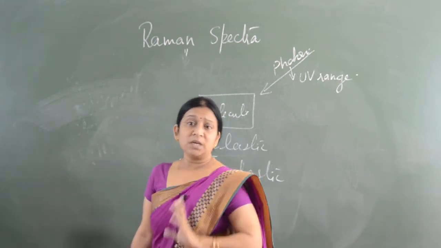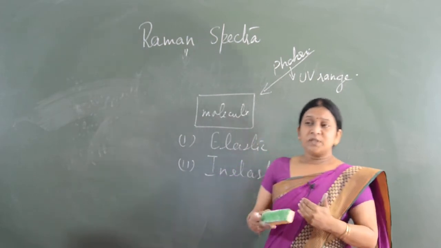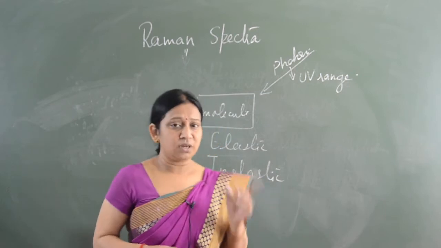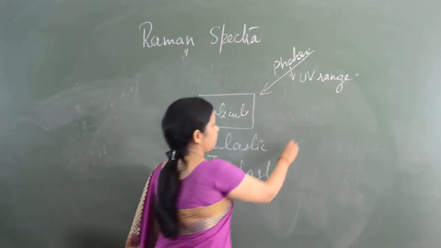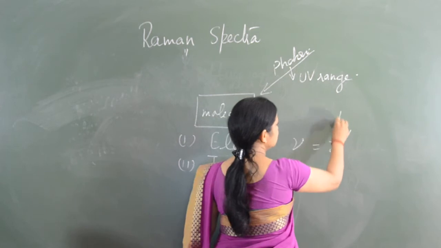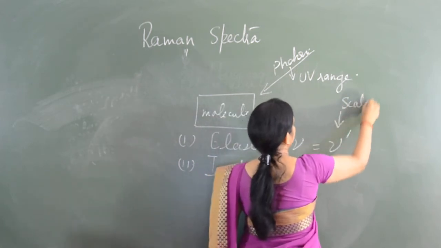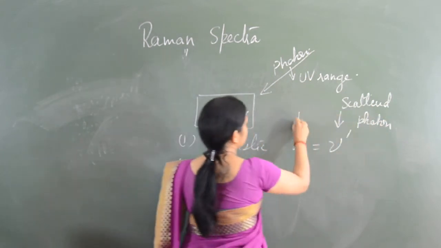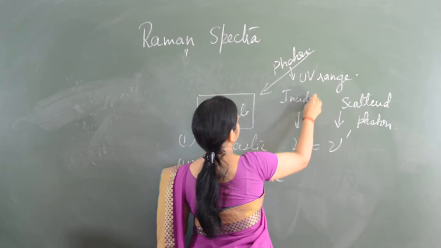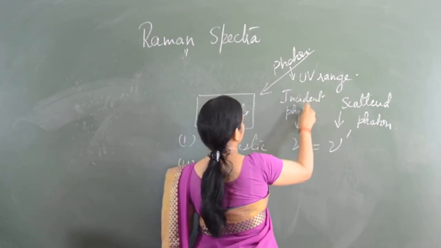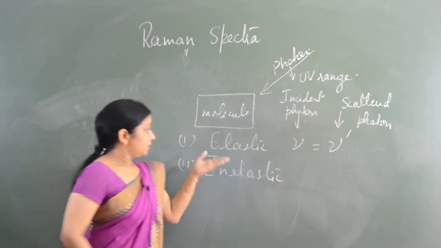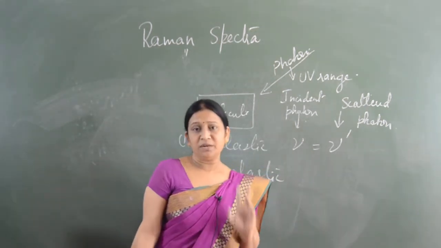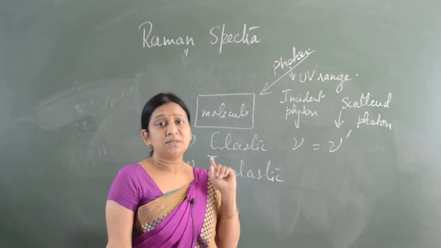When the collision is elastic, the frequency of the incident radiation and the frequency of the scattered radiation are going to remain the same. So if this is the frequency of the scattered photon, and this is the frequency of the incident photon, when the collision is elastic the two frequencies remain the same. This is not Raman scattering.